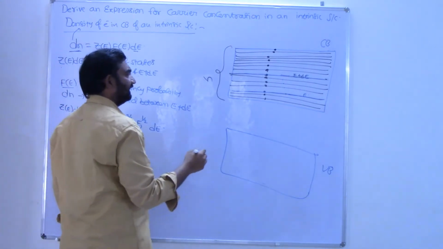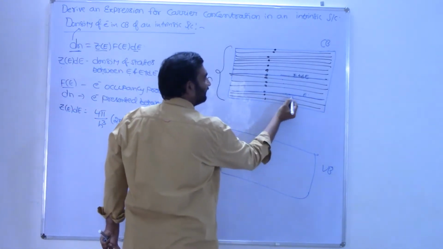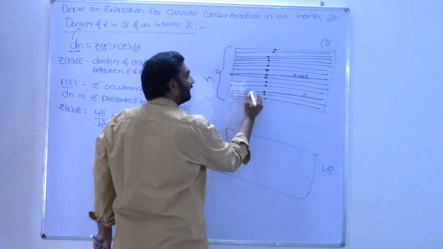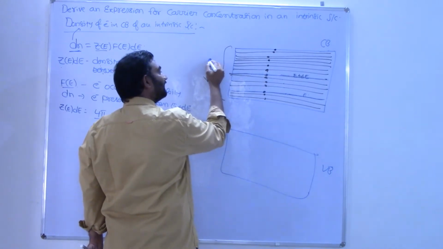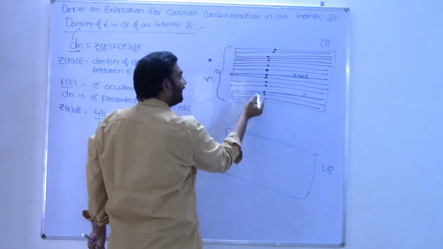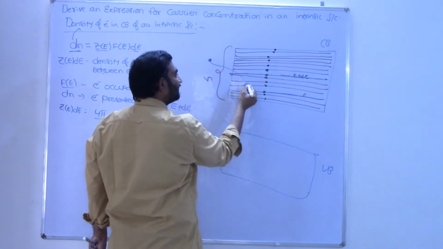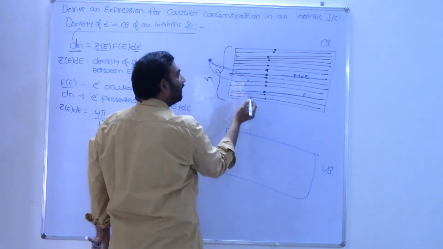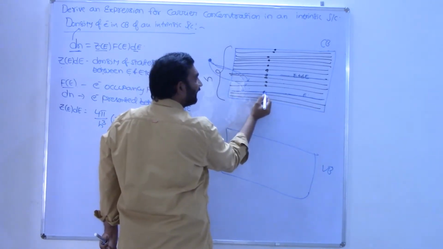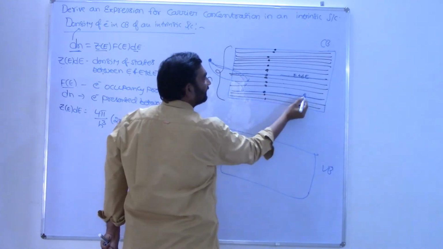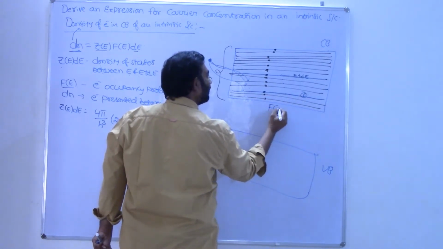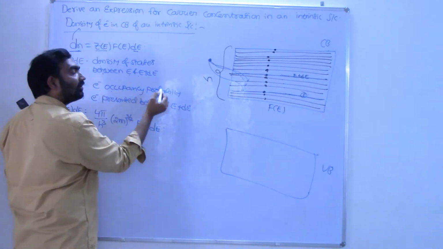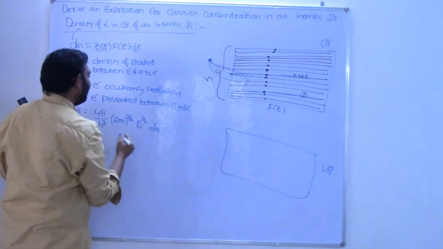Let us consider this is the energy level E. Suppose you are supplying one electron to the conduction band, this electron may occupy this energy level, it may occupy this energy level, it may occupy this energy level also. So what is the probability that an electron can enter into this energy level E? That is called F of E. F of E is called the electron occupancy probability in an energy level E.